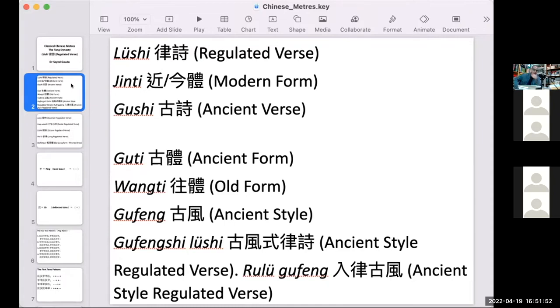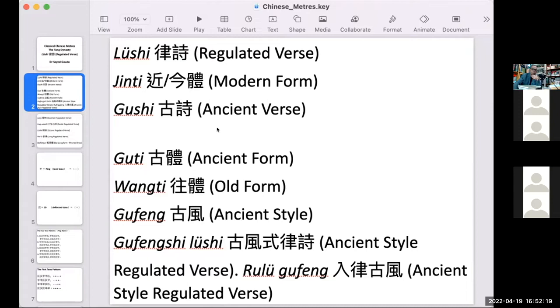In the Tang Dynasty, during that golden age of Chinese civilization, Chinese poetry and everything, the meter was much influenced by this ancient verse, by the Gushi, by the way they used rhythm and meter. But it was more complicated during the Tang Dynasty.